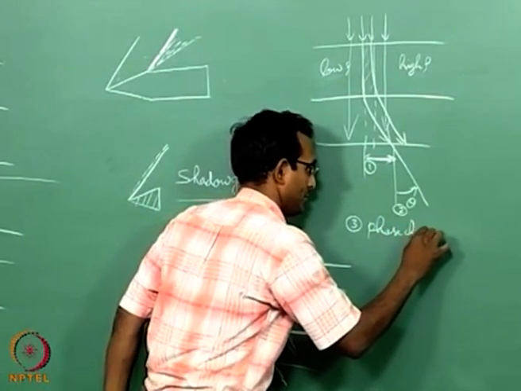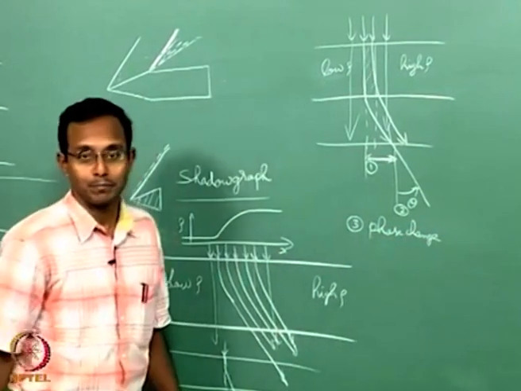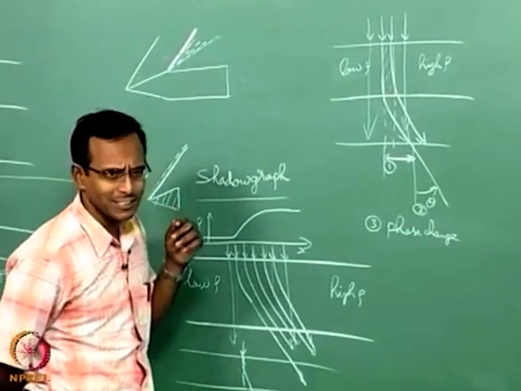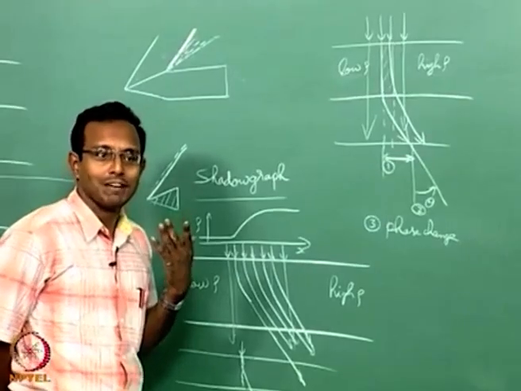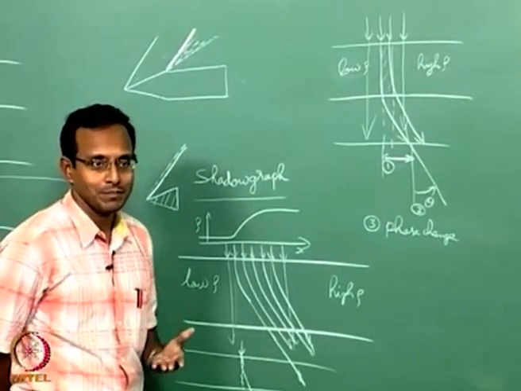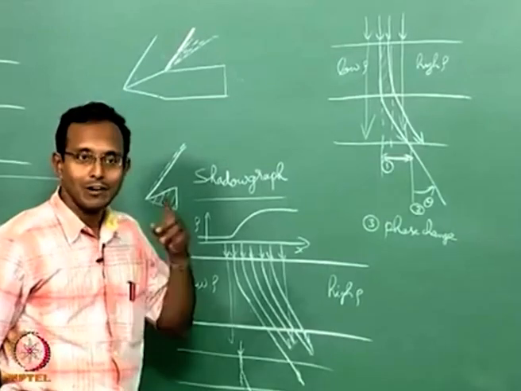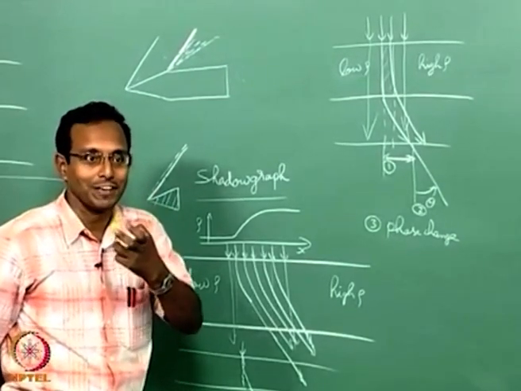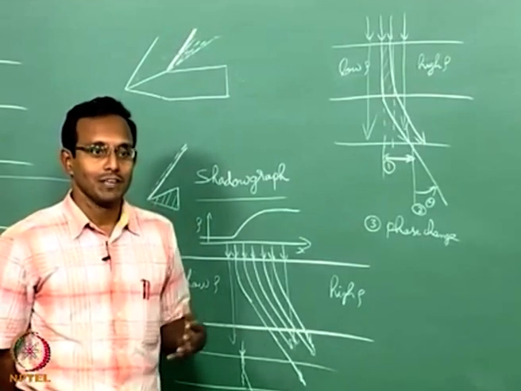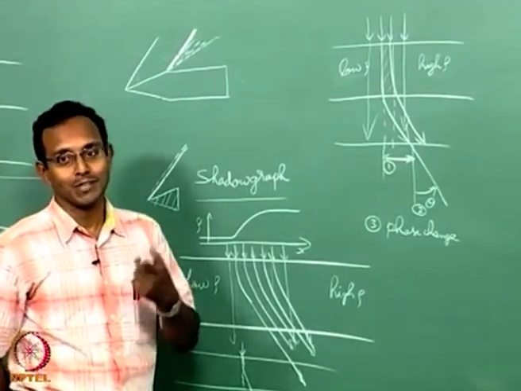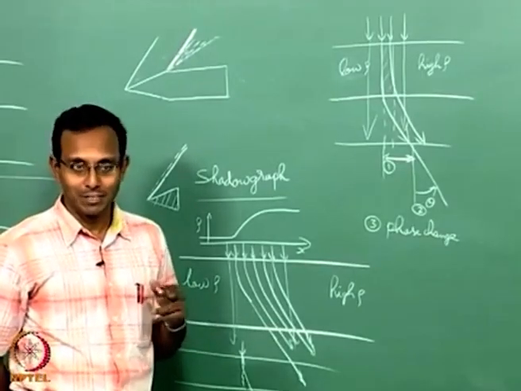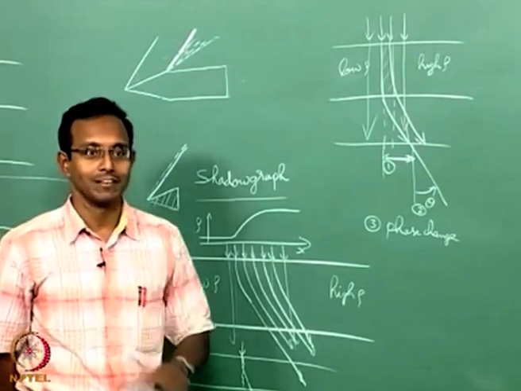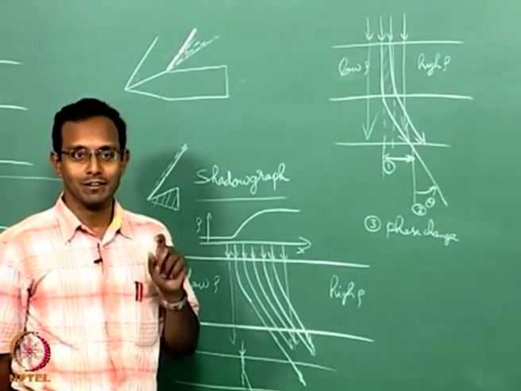phase change of the light beam, of the light wave. Why do I say there is phase change? When waves travel through different refractive index media, they will oscillate with the same frequency, but they will travel with different phase. So when it comes out, if I think about a case where it did not go through the higher medium versus the other case where it went through the higher medium, these two waves will not have zero phase difference at the end; there will be a non-zero phase difference.